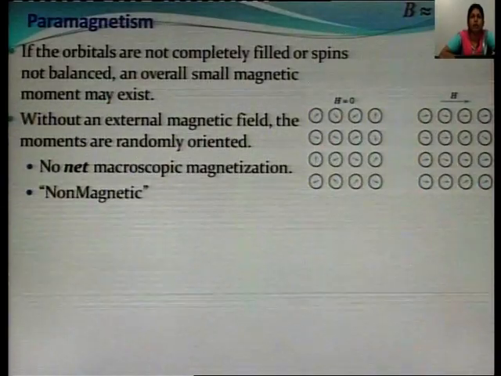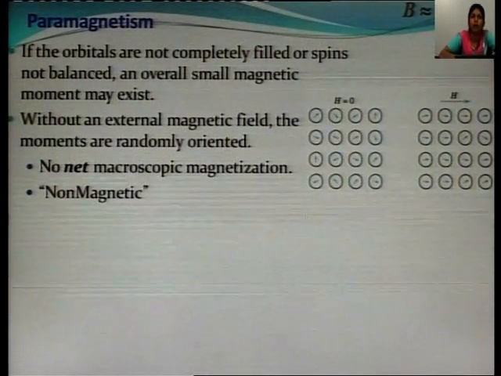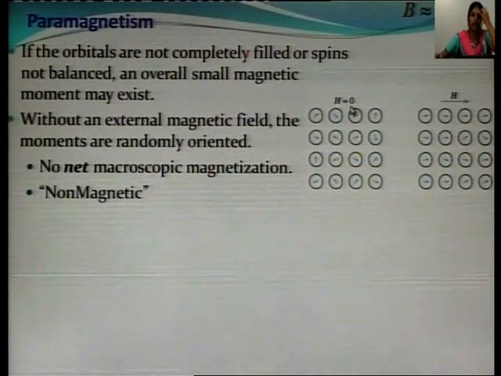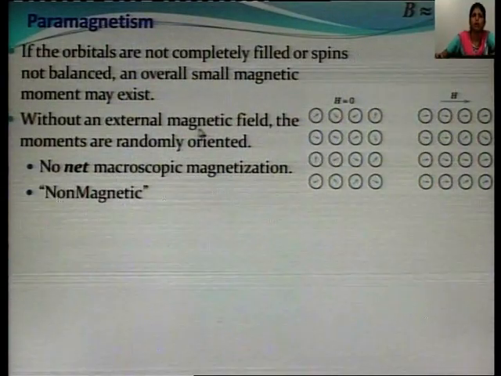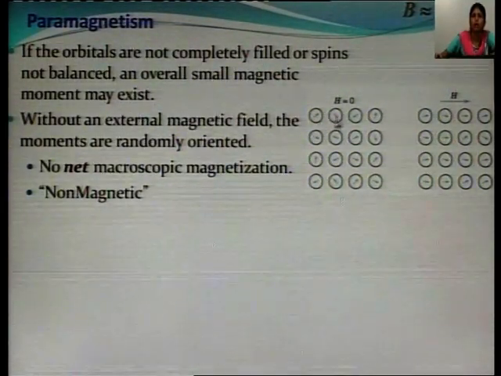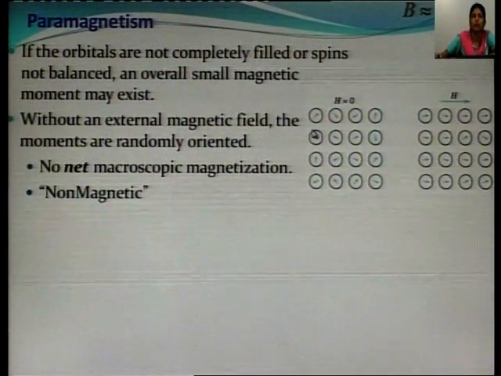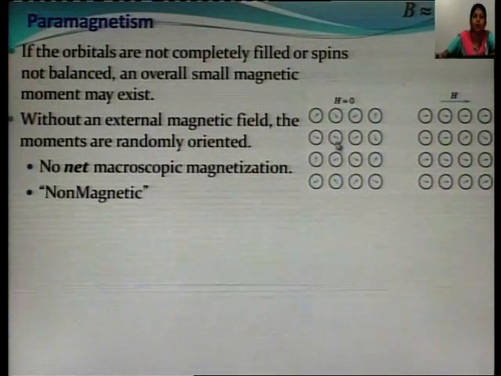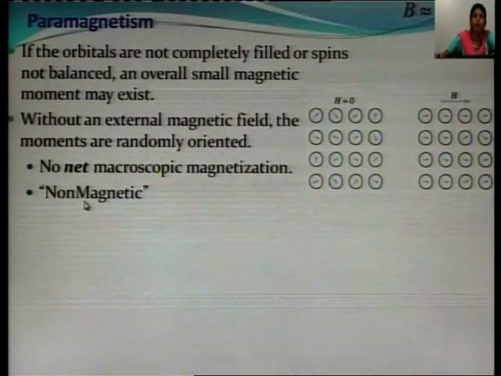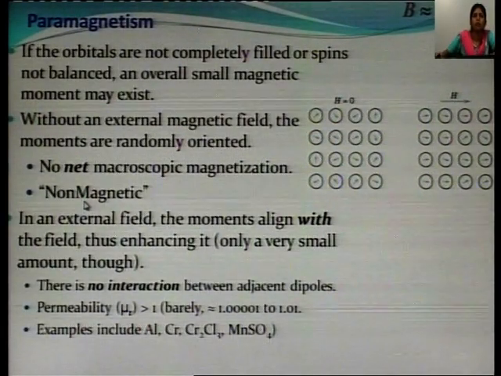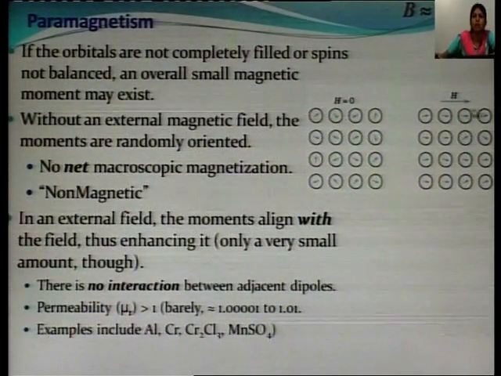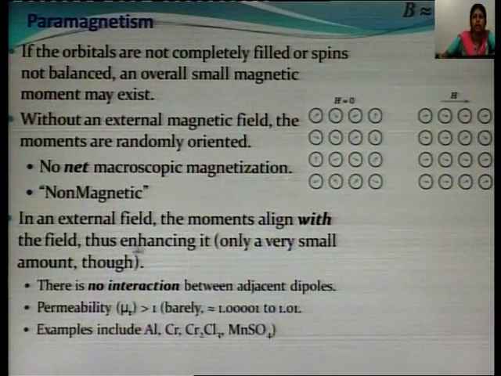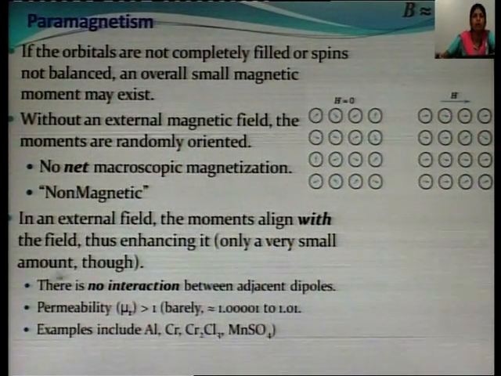So without an external magnetic field, the moments are randomly oriented. So see this diagram. Here we have not attached any external magnetic field, so these dipoles are randomly placed. So no net microscopic magnetization. So net magnetization is 0 and it is a non-magnetic material. So once we have applied an external field to this material, the moments align with the field, thus enhancing it, only a very small amount though.